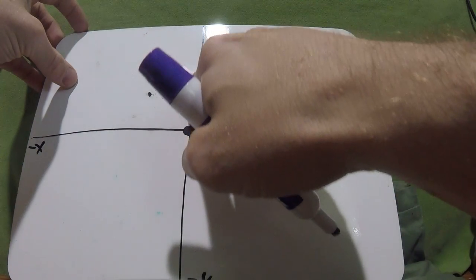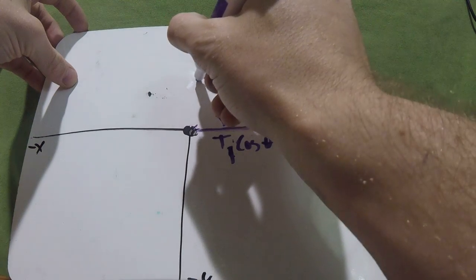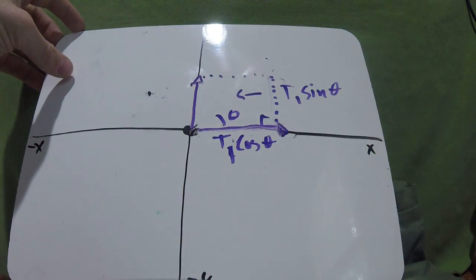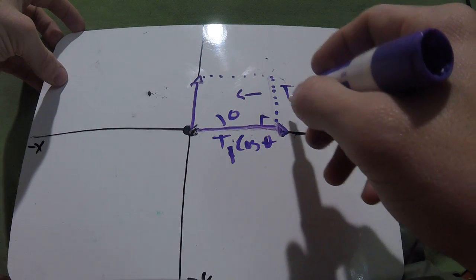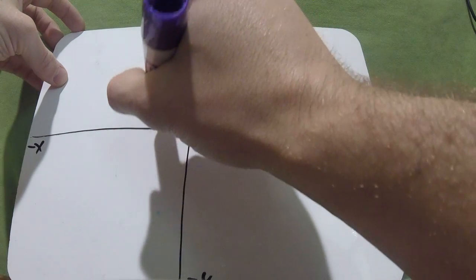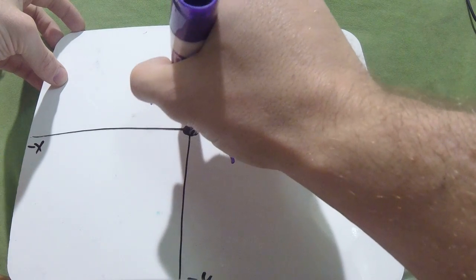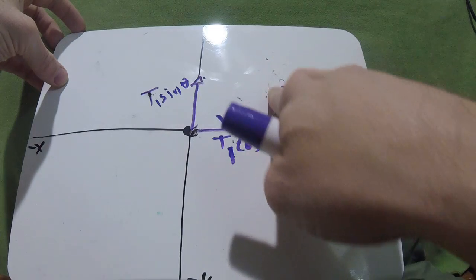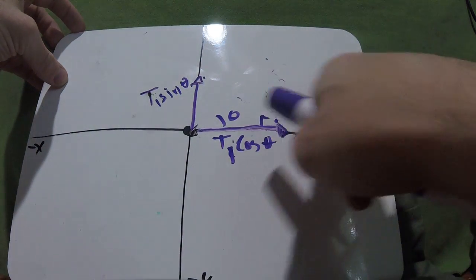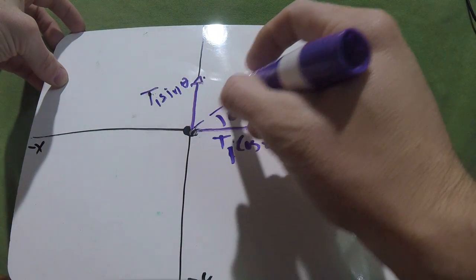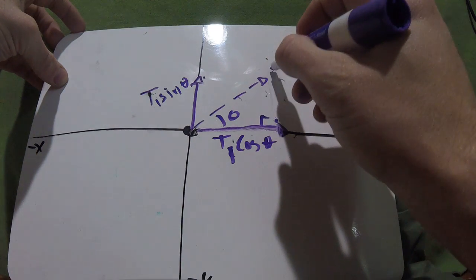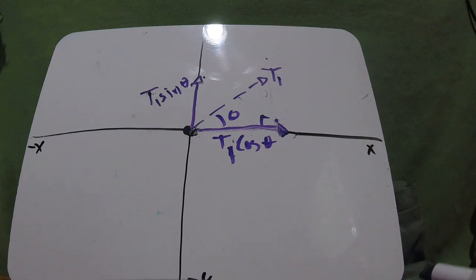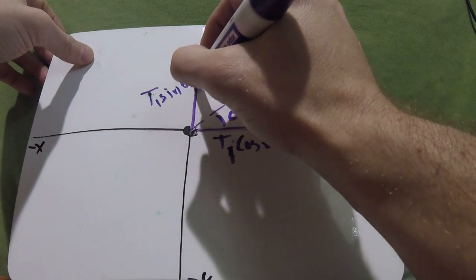And you'll see I can now draw another force on my y-axis of the same height, T1 sine theta. Okay? And now I've taken that force T1 that we initially started with, and I've broken it into two components.